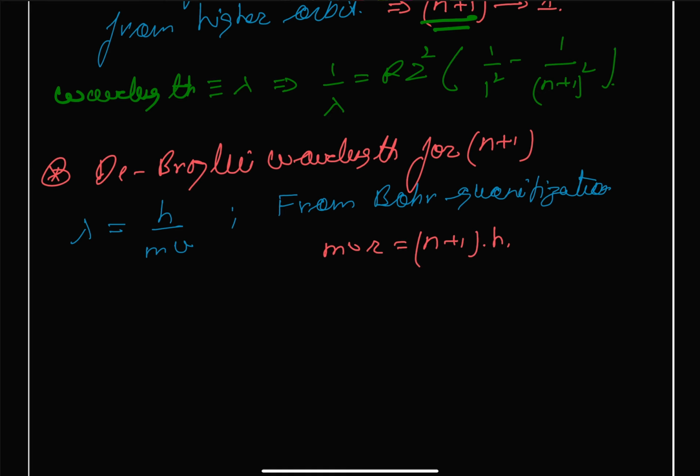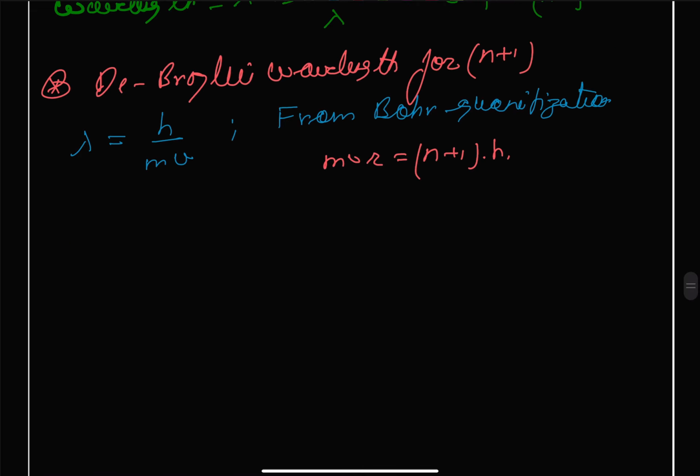So therefore we can write that our de-Broglie wavelength, that is lambda, is equal to h upon MV, and from here we get MV is equal to n plus 1 multiplied by h divided by r.